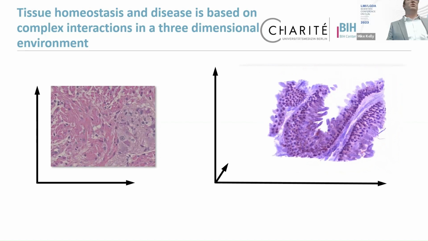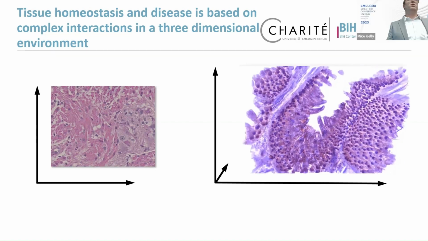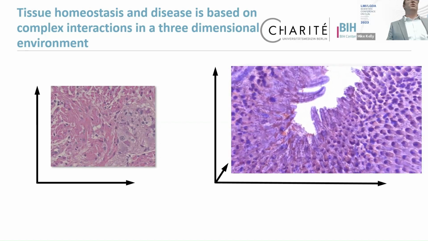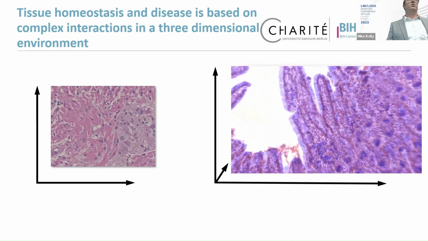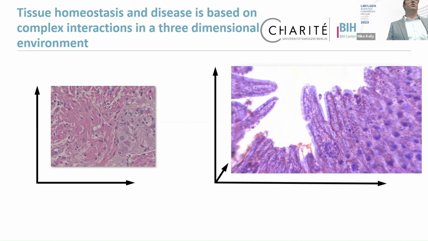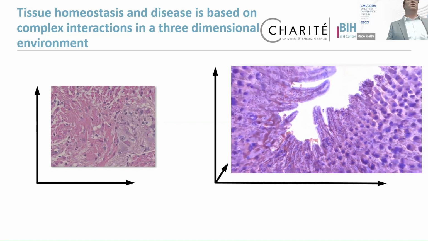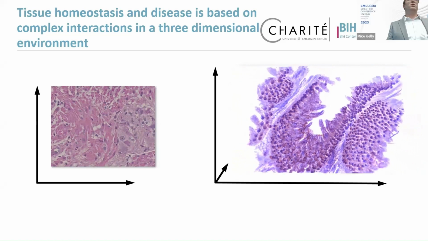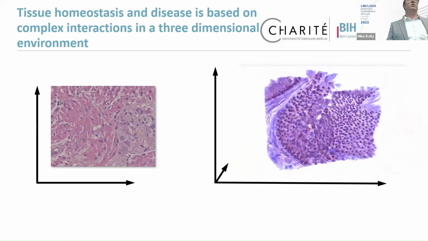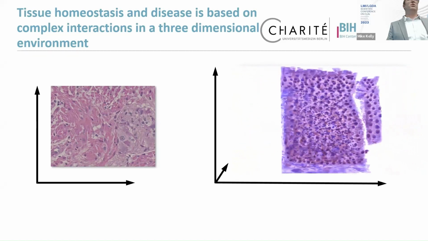By comparing both sides, you can easily realize how much information we obtain from 3D visualization compared to 2D. For example, we can see each single cell if we zoom in, or if we combine this with markers for lymphatic vessels, we can also visualize the entire lacteals in this biopsy.